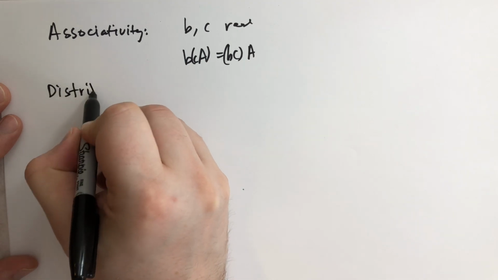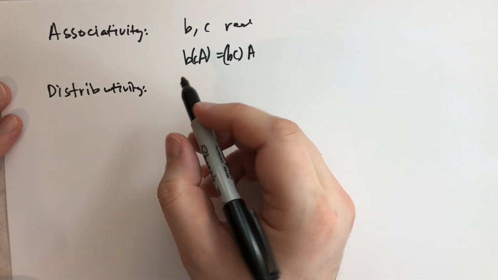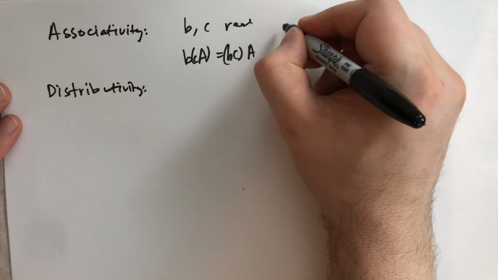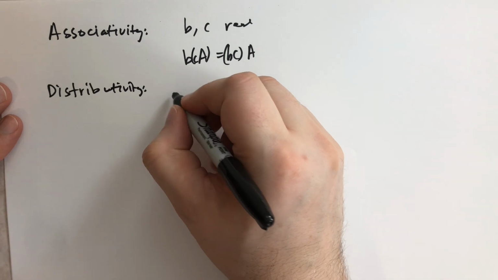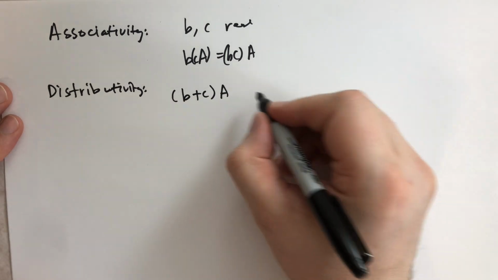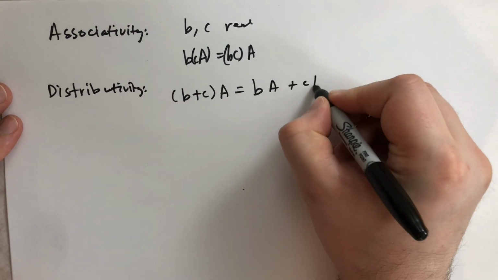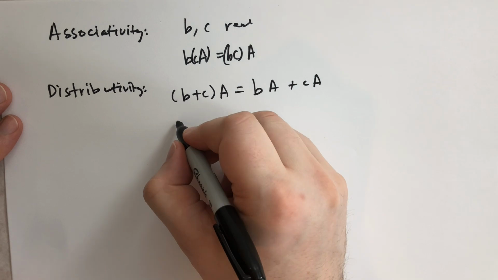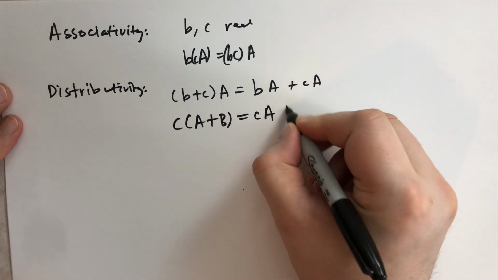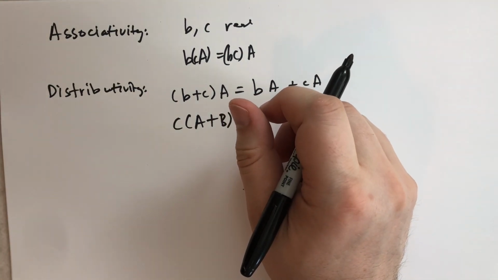And we can do some distribution. This says that if B and C are reals and A and B are points, then we have B plus C times A is equal to BA plus CA. And we have C times the point A plus B is the same as CA plus CB. These are relatively straightforward to prove.